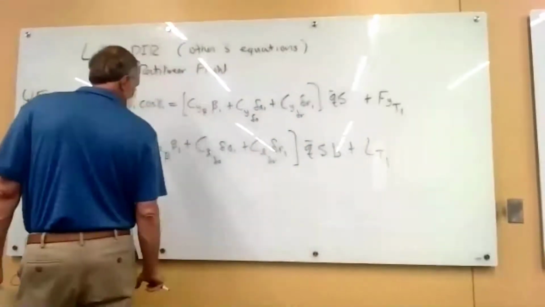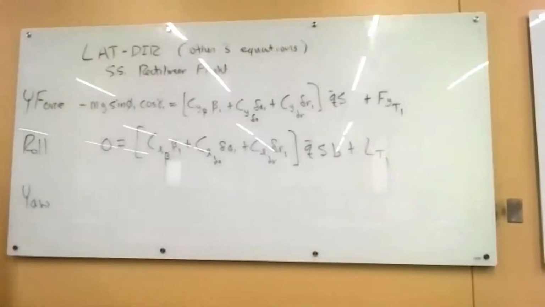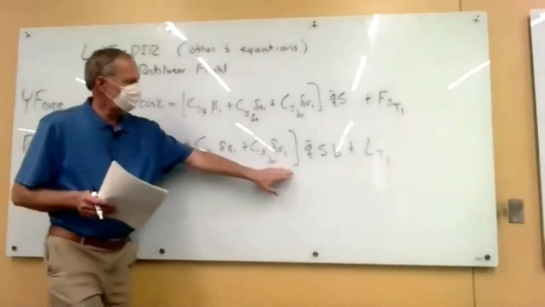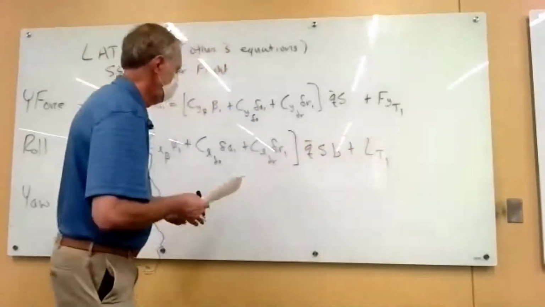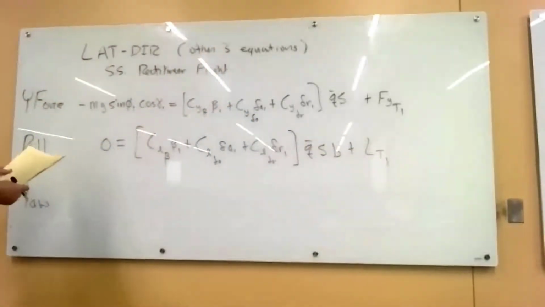And this is a classical moment trim equation. It just says the sum of the moments has to be 0 so that the airplane doesn't rotate. So here's the aerodynamic rolling moment. Here's the thrust rolling moment, if there is any. And you're done.